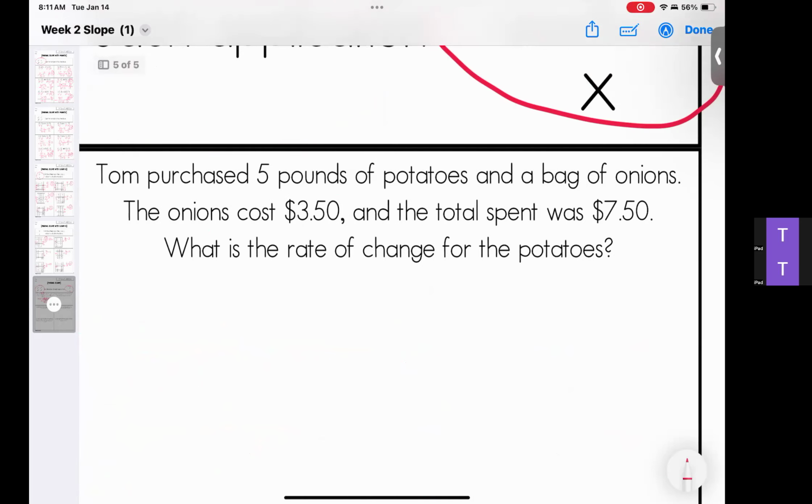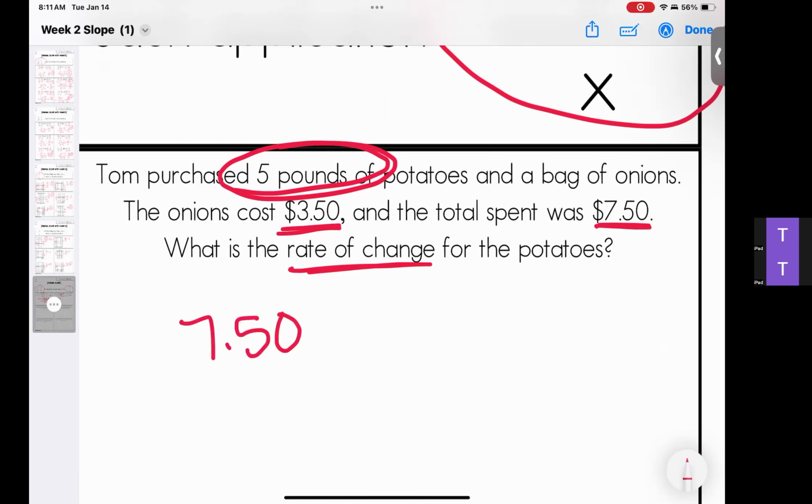All right, let's take a look at Tom. Tom purchased 5 pounds of potatoes and a bag of onions. The onion cost $3.50. Total spent was $7.50. What is the rate of change? Again, our rate of change is going to be determined by the pounds of potatoes. We don't know what the price per pound is. So $7.50, $3.50 is a set cost, which leaves us with $4.